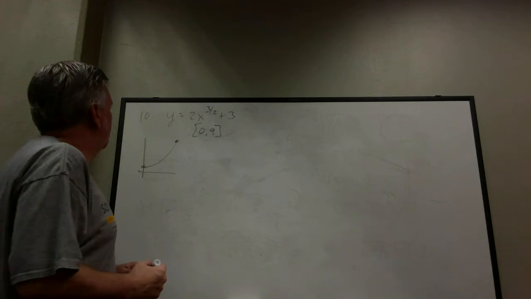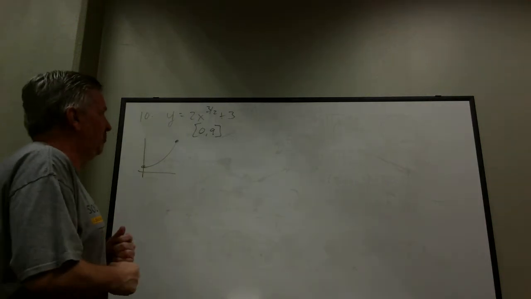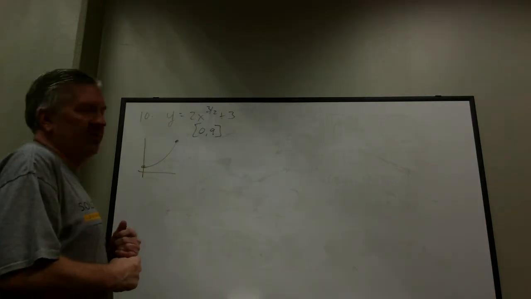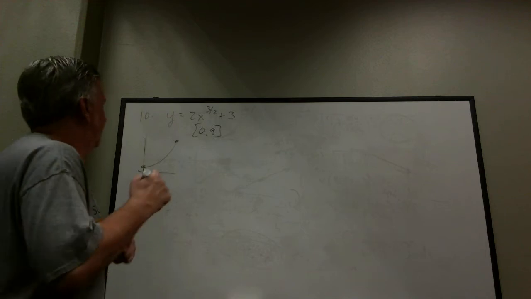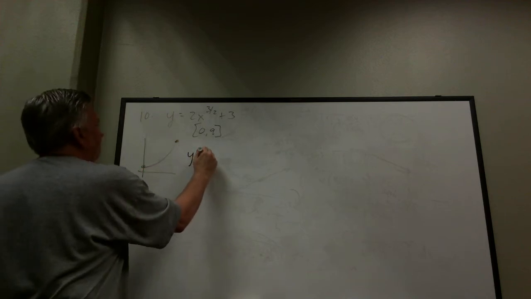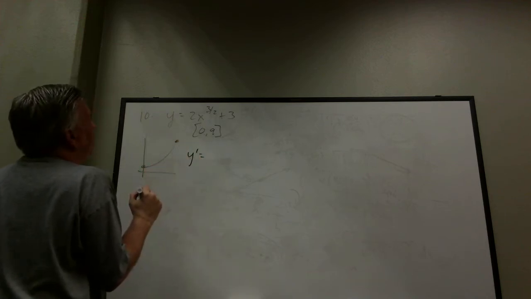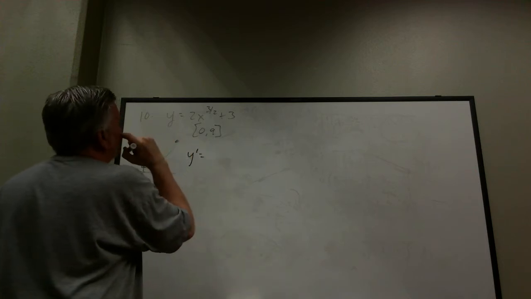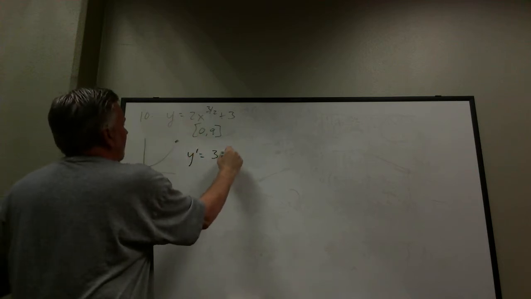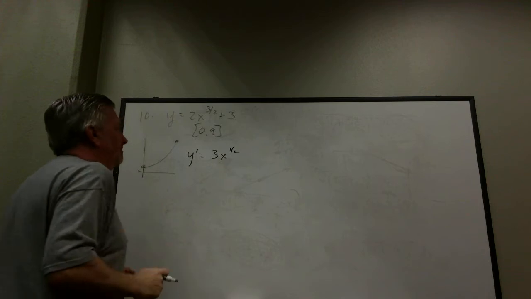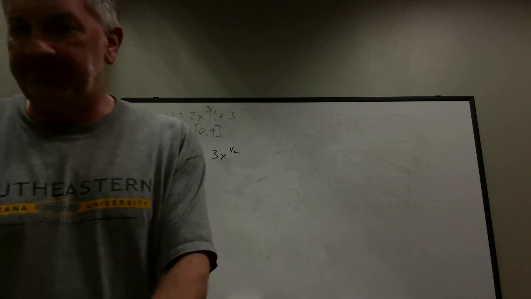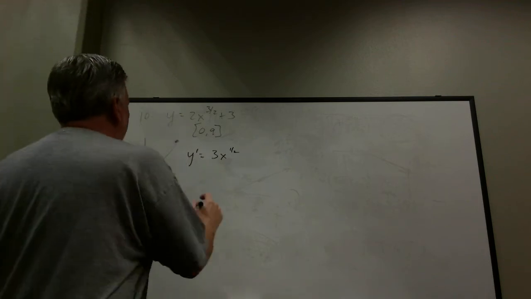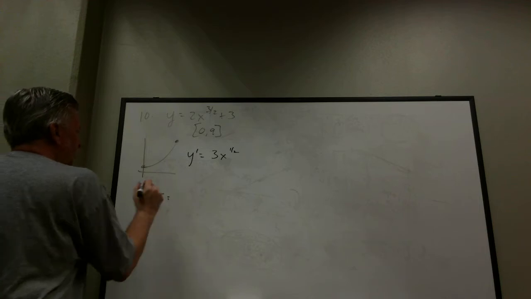Okay, so to do this, what do we need? Well, we just use the formula, but what's important in the formula is that we need the derivative. So y prime, the derivative of 2x to the 3 halves, is, bring down the 3 halves, 3x to the 1 half. Okay, so the arc length, I'm going to label little s.